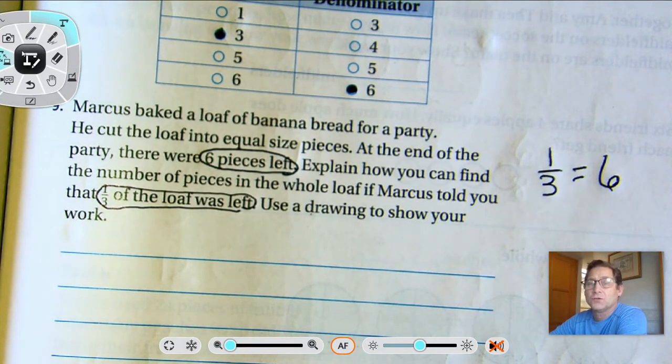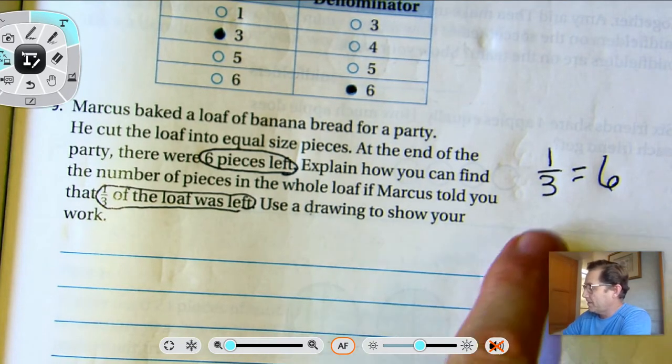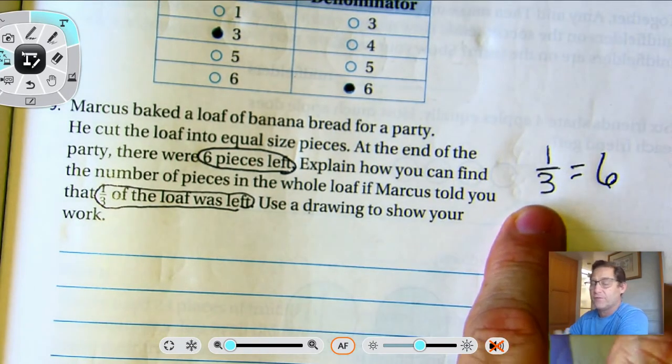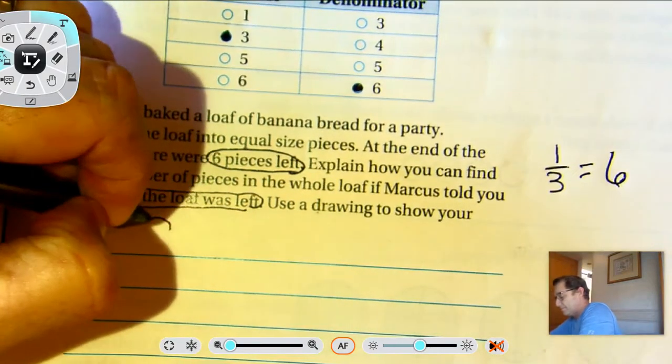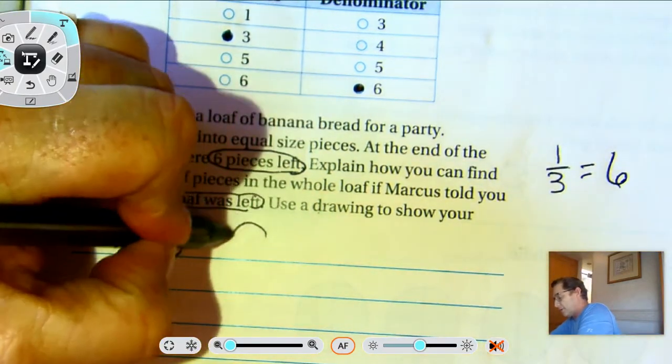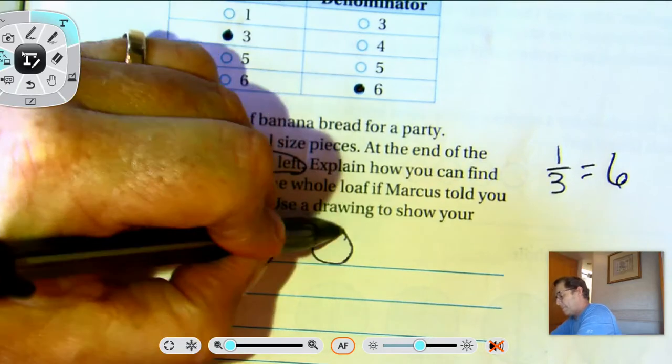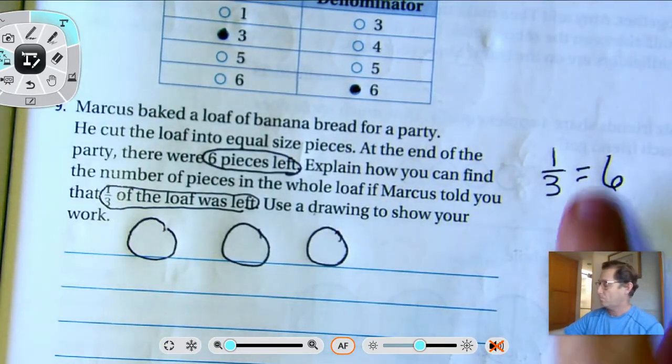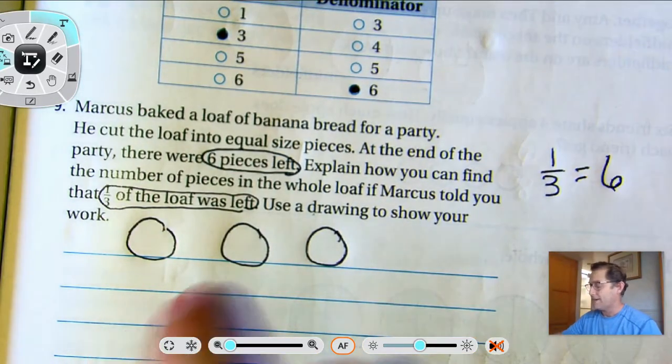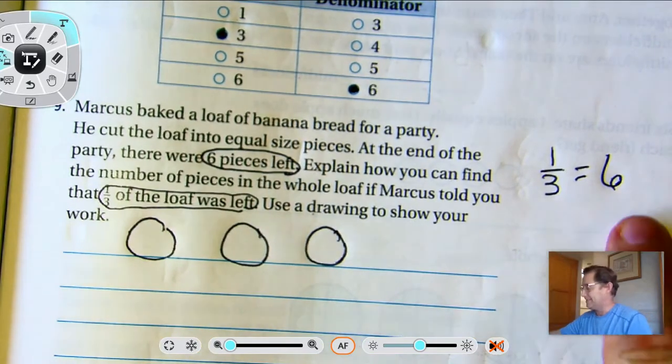Okay, so the denominator tells me that we're going to have 3 equal parts. So I'm going to put 3 circles, and one of the 3 groups is 6.